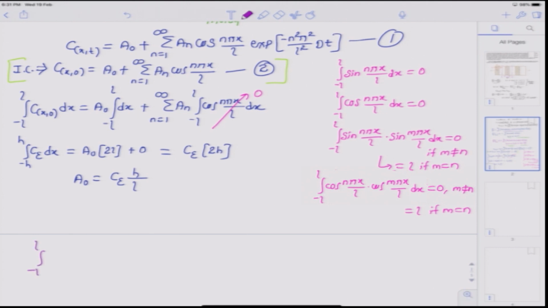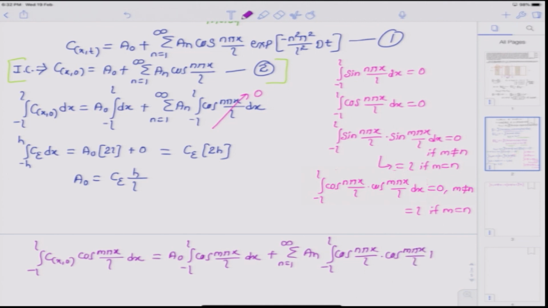integral minus L to L C of x,0 cos of m pi x by L dx is equal to a0 integral minus L to L cos of m pi x by L dx plus sigma n equal to 1 to infinity an integral minus L to L cos of n pi x by L times cos of m pi x by L dx.